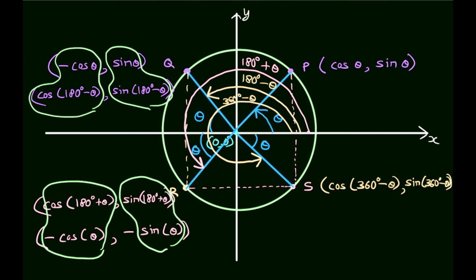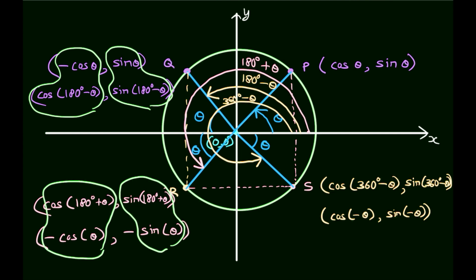If you are taking the clockwise angle, which will be written as negative theta, then the coordinates of point S can also be written as cosine of minus theta, comma, sine of minus theta, right? That's how you can write the coordinates.